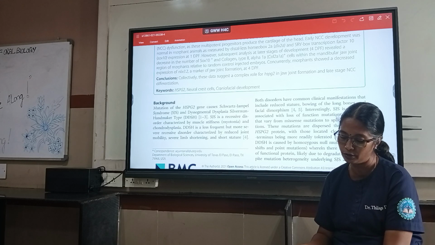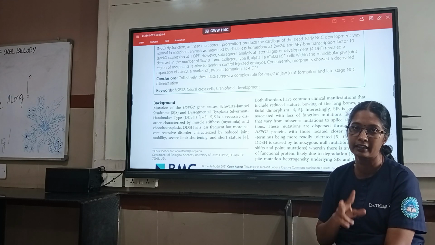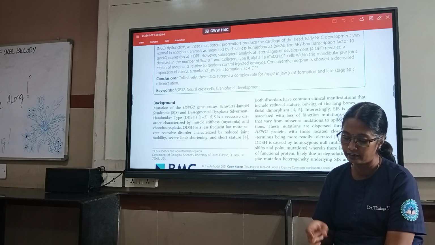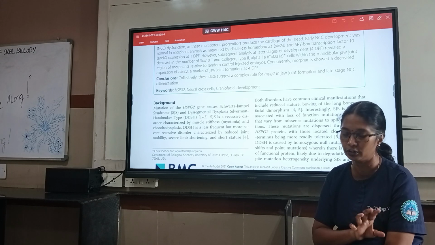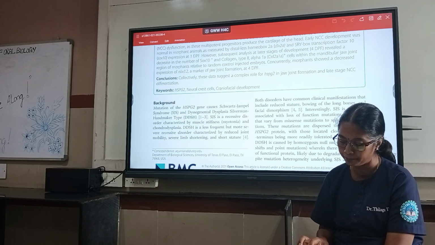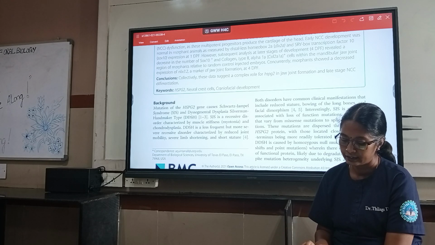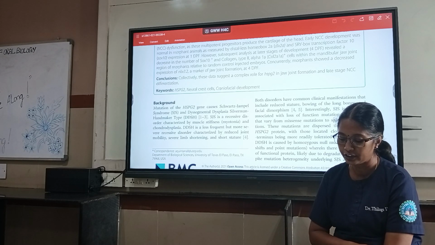So they are going to find out whether the Meckel's cartilage truncates. That is the thing they are going to prove, that the HSPG2 gene is involved in the dysfunction of mandibular joint development.